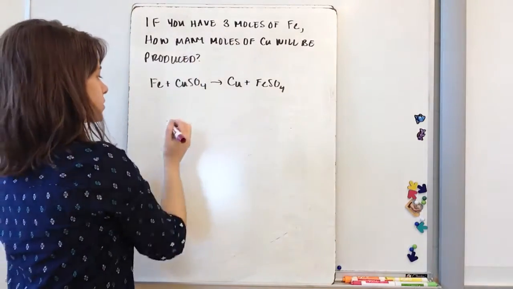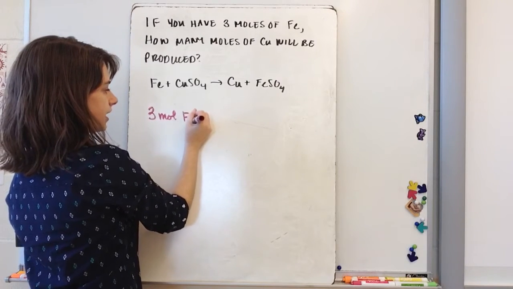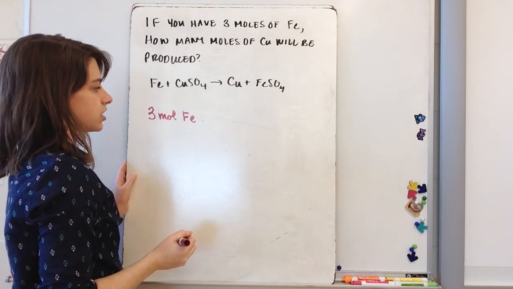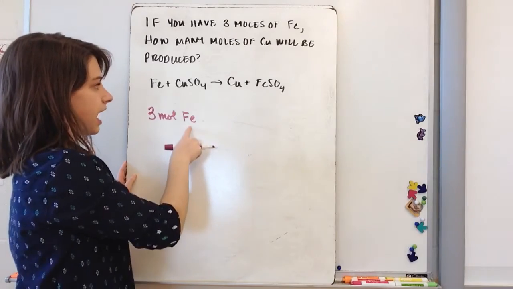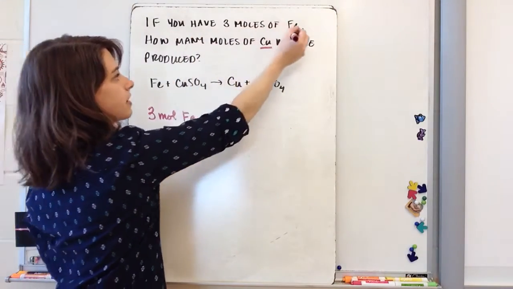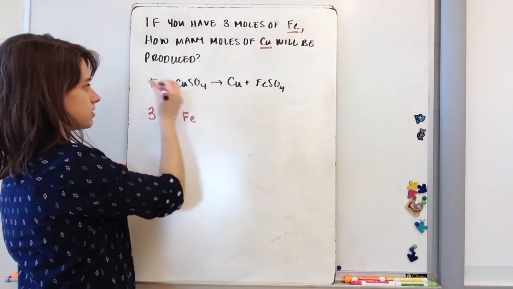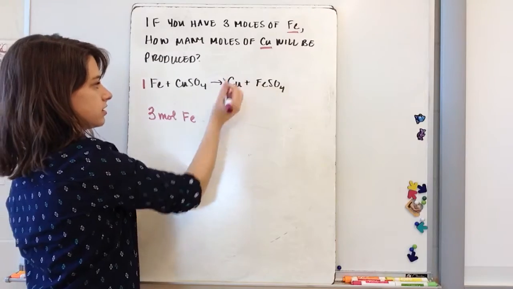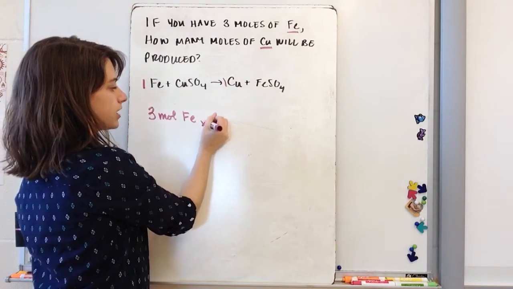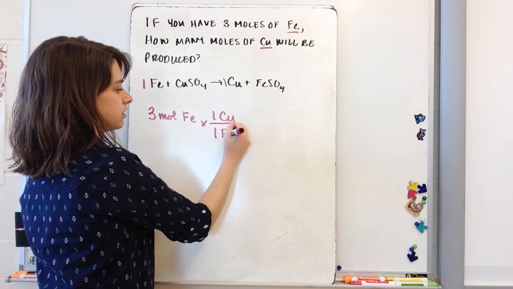So I know that I'm starting with 3 moles of iron. And I need to know what the ratio is between iron and whatever I'm looking for. So I'm comparing iron to copper. Now I know, according to this, so my coefficients are 1s, that I will get 1 copper for every 1 iron.